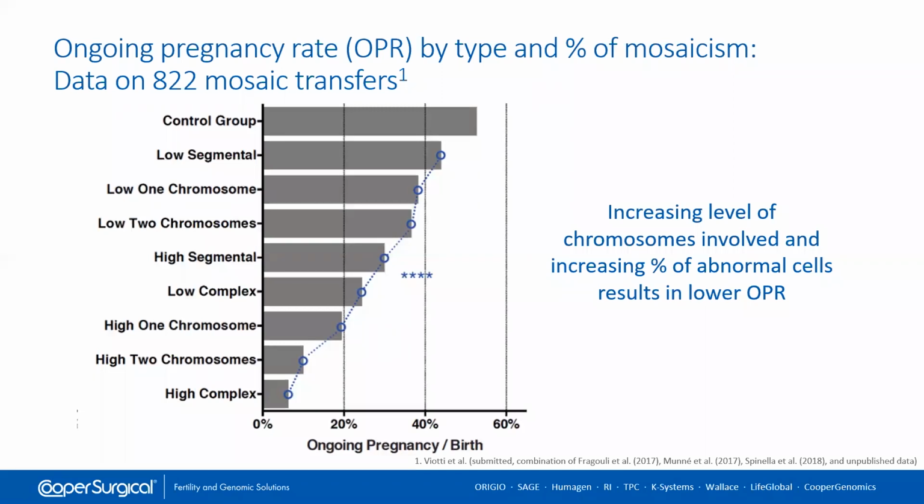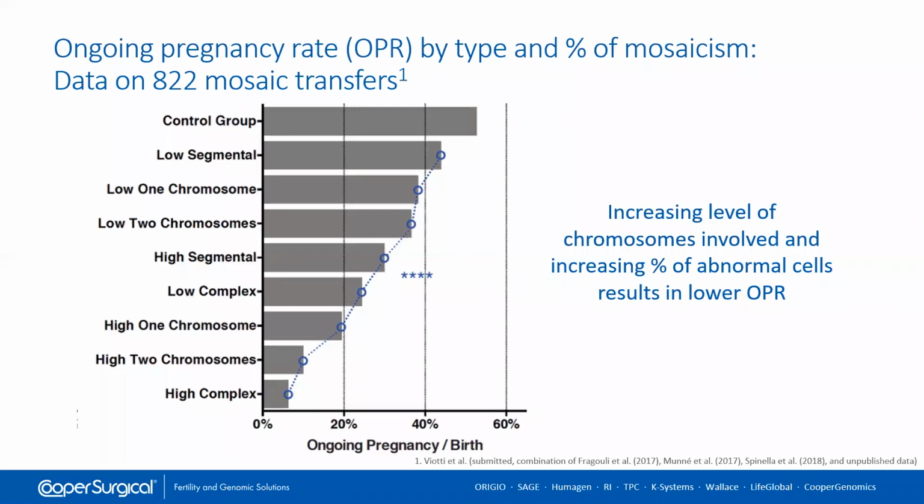And then you have these gradings within that which show that a low level segmental is actually not as detrimental as some of the other forms. One chromosome or two chromosome low level, it's not actually that different.